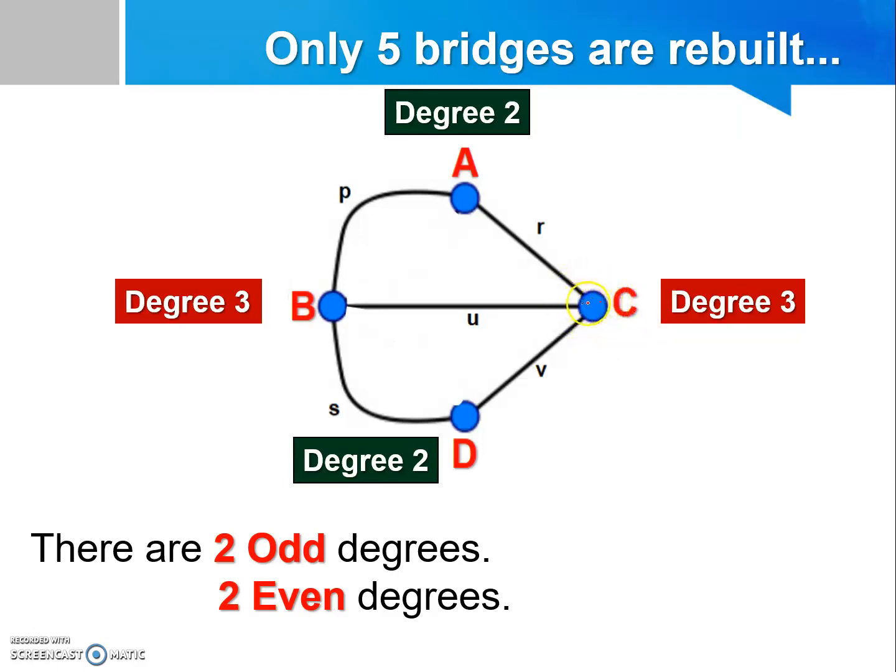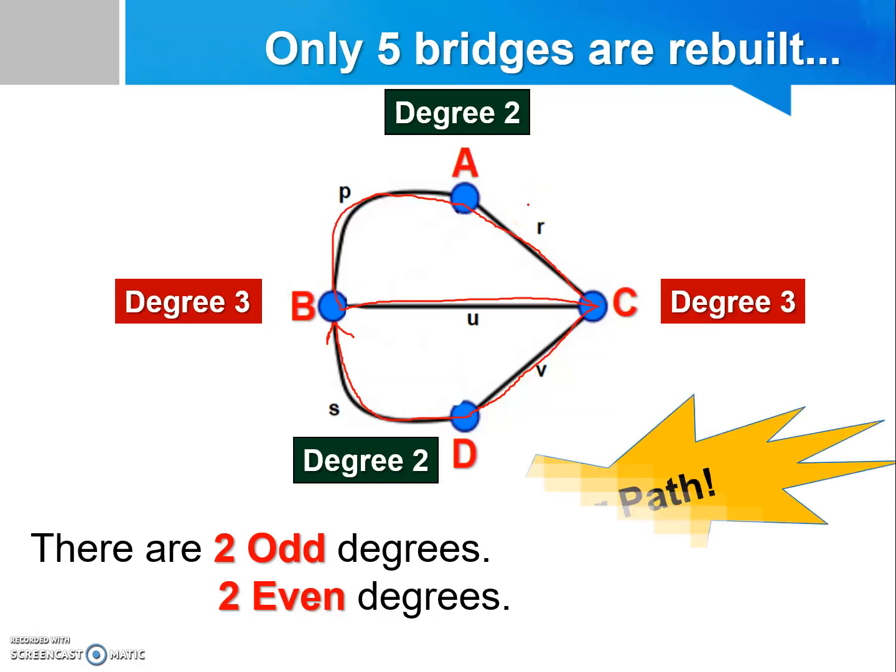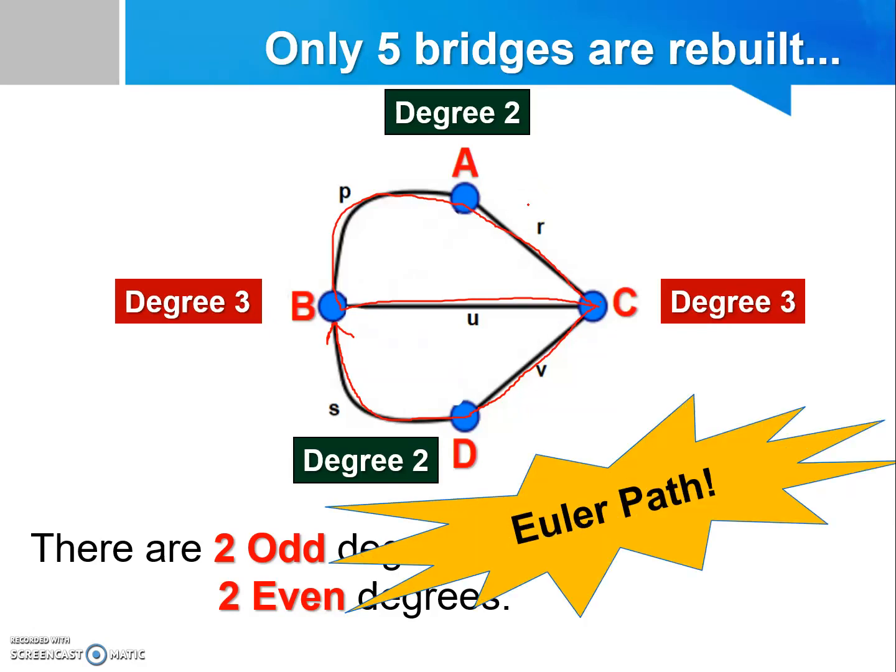First, I can draw from C to B, and then from B to A, next from A to C, then from C to D, last but not least, from D I can continue to draw to B. That's right. So we can say that it is actually an Euler path, or we can say that the network is traversable.